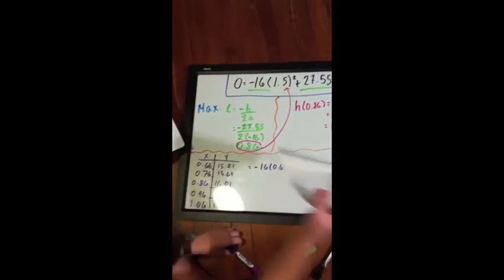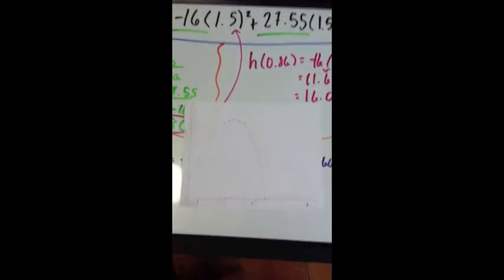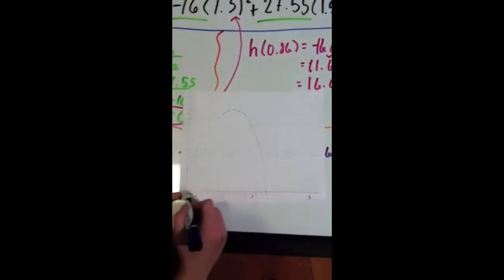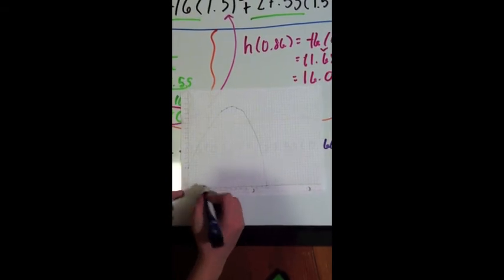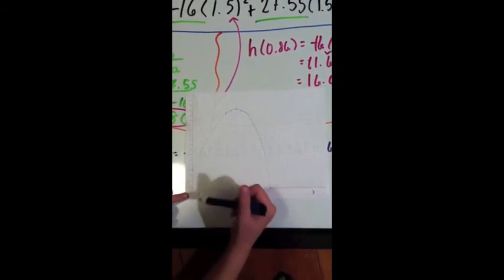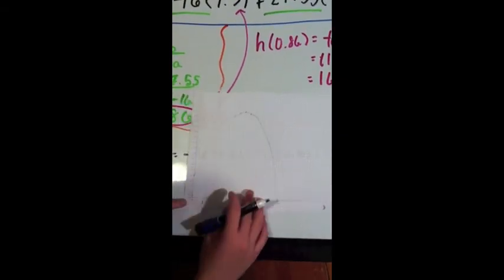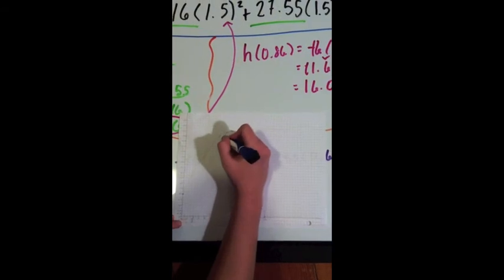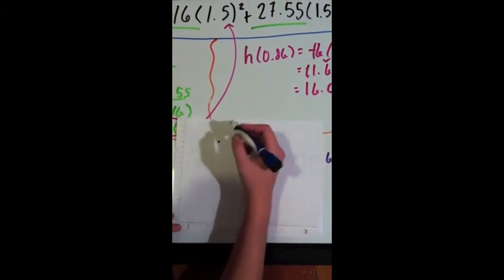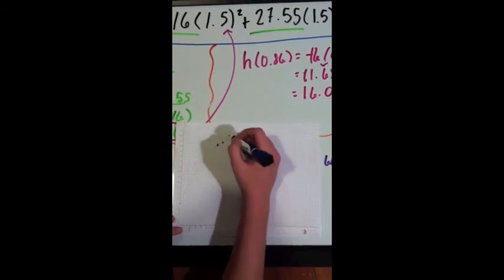So, working these out on a graph. I made my intervals here for time at 0.15 intervals, sorry, and then for height at 0.5 intervals. So mark our points: 0.66 at 15.21, 0.76, 15.69.